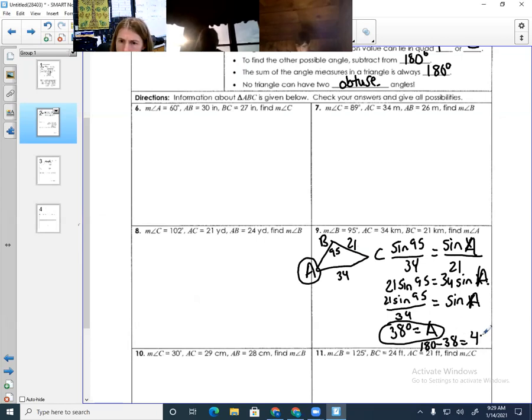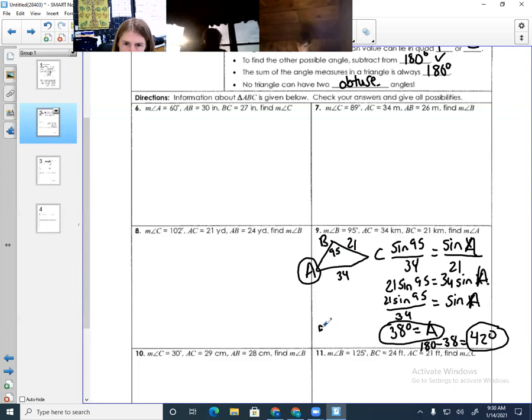And then we're gonna check our next thing that we need to check. So here's our two angles. So we got this part checked. The sum of the angles is always 180. Well, okay, good to know. And no triangles can have two obtuse. Here's the easiest way to figure out if we're okay. You know this one's 95.